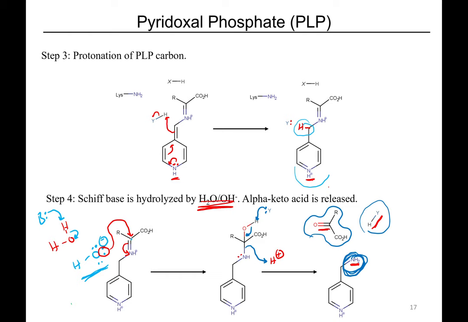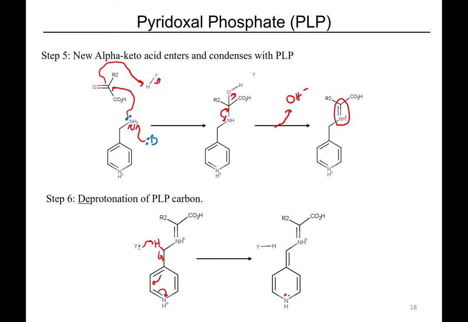Hydroxide attacks at our alpha carbon, pushing electrons down to this nitrogen, and then simple redistribution of protons will lead to the breaking of the alpha carbon nitrogen bond, forming the alpha keto acid. So our first substrate has come in, the first amino acid. We've produced our first product, the alpha keto acid, and the amine is now anchored to the PLP.